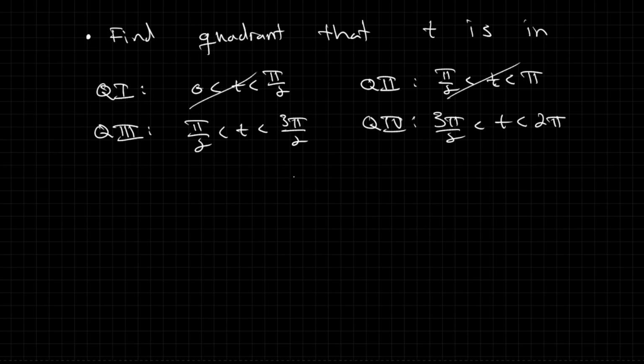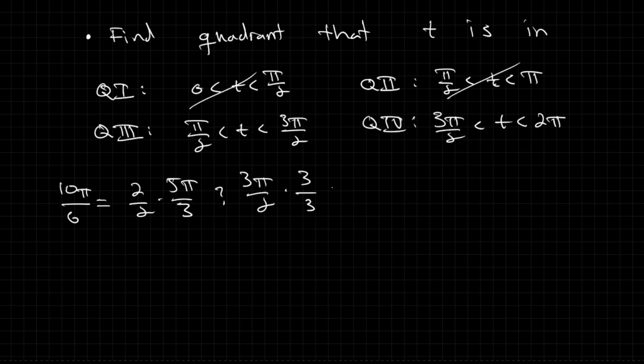Is it in quadrant 3? To be in quadrant 3, you have to be less than 3 pi over 2. So is 5 pi over 3 less than 3 pi over 2? We don't know that yet, so let's put a question mark. We'll get a common denominator, and the left-hand side ends up being 10 pi over 6, and the right-hand side 9 pi over 6.